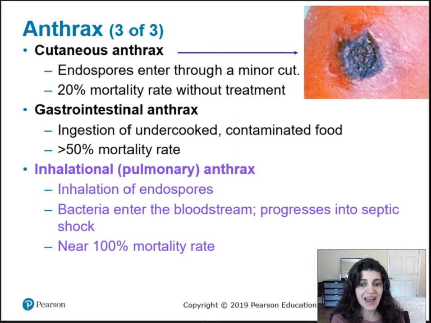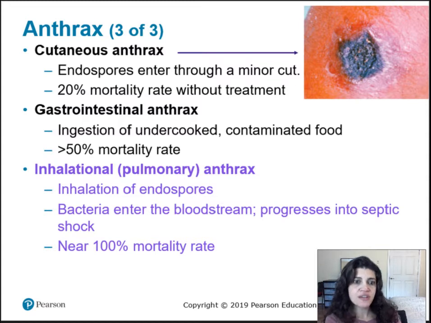Remember when we studied ID50, there was an example with the toxin that causes anthrax, and it said the ID50 is much lower for the inhalational. So you don't need to inhale too many spores. I think around 20 to 50 endospores are enough to make you sick. So where do you see this happening?